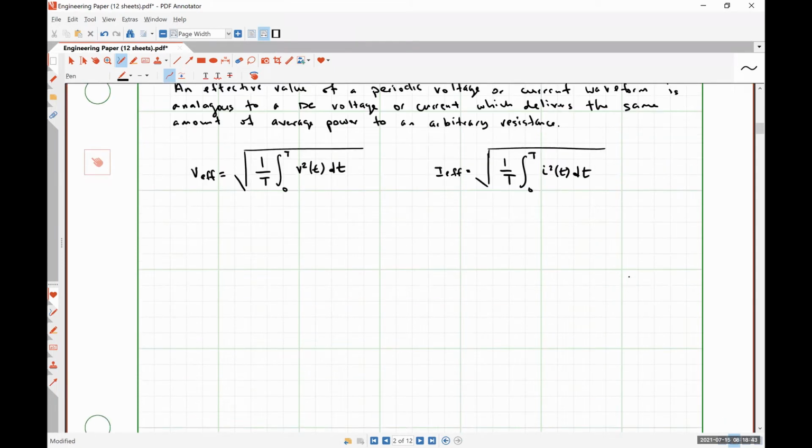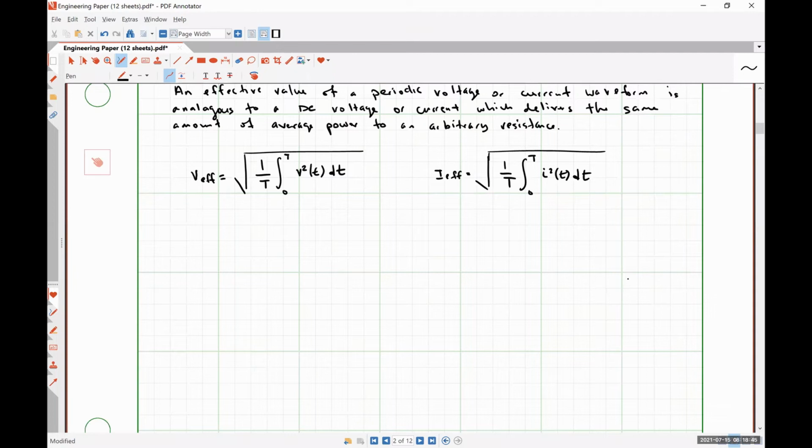So let's say, for example, that we have some voltage signal, V of t.